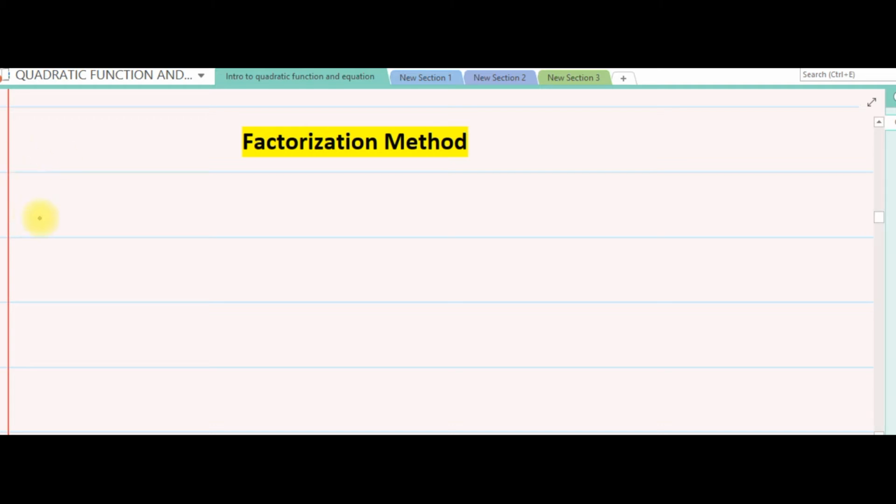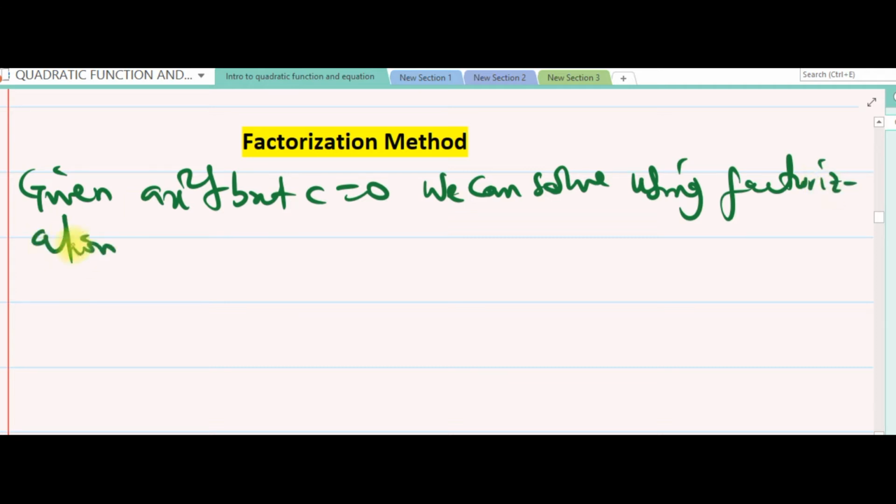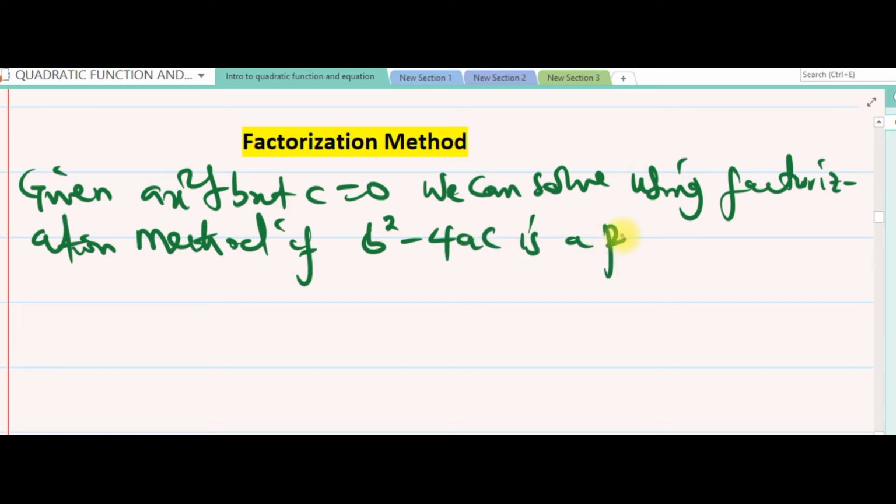If you are given ax squared plus bx plus c equals 0, we can solve using the factorization method if b squared minus 4ac is a perfect square.